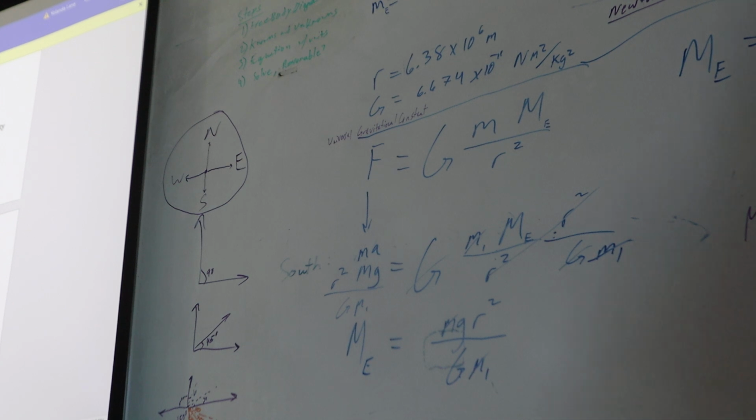To make it look easier, let's do meter per second squared times meter squared, and let's do the inverse, kg squared over meter squared, so I can see it all in one line. I got meter squared canceling out with meter squared.